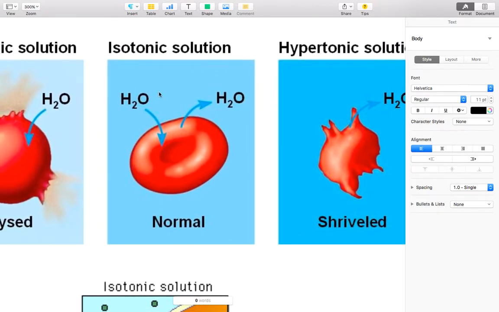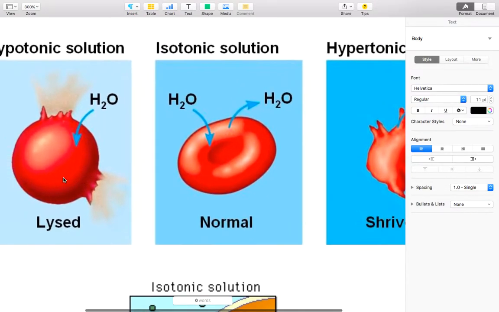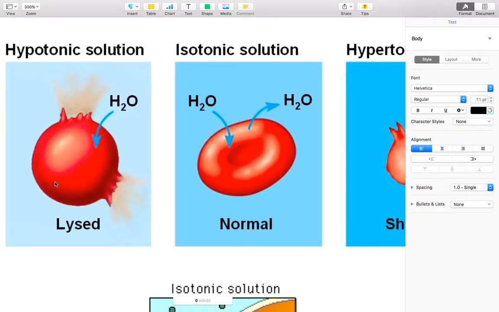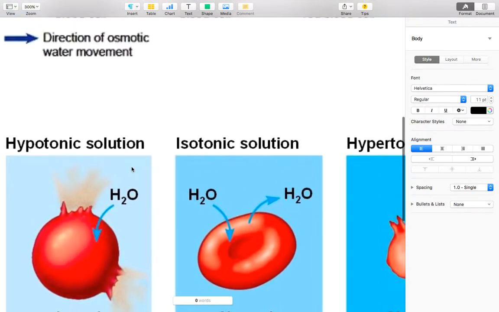Here in isotonic, there's a balance. It's perfectly normal. The H2O is going inside and outside at the same time. And here the hypotonic means it's about to pop. There's too much H2O going inside of the cell, causing it to be really swollen and about to pop.